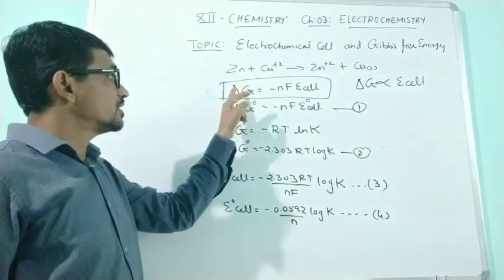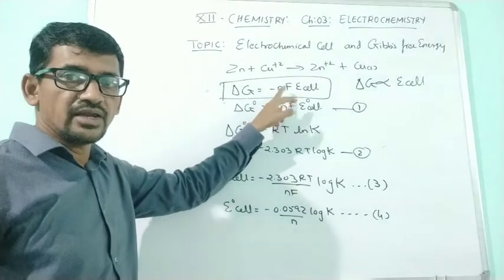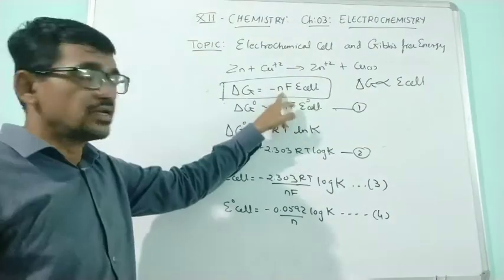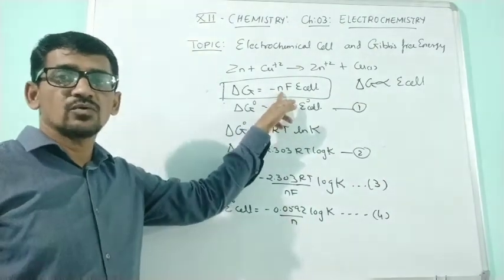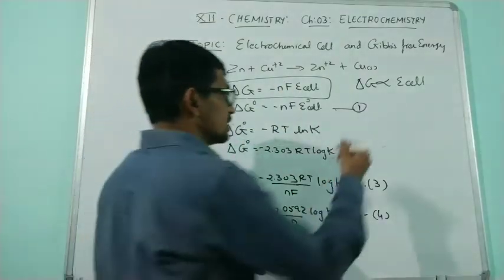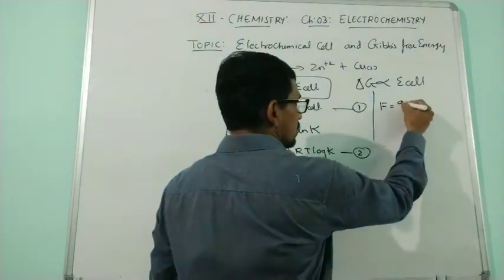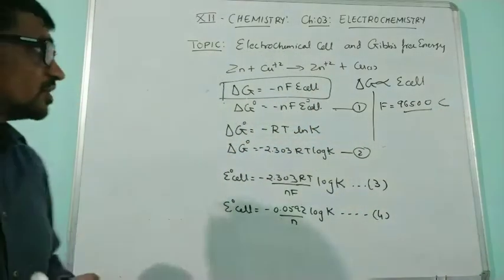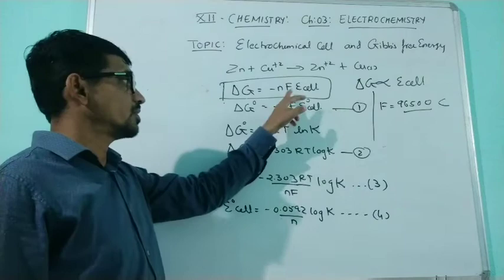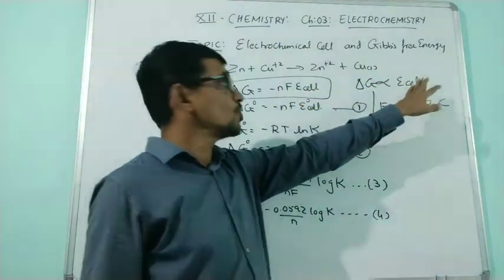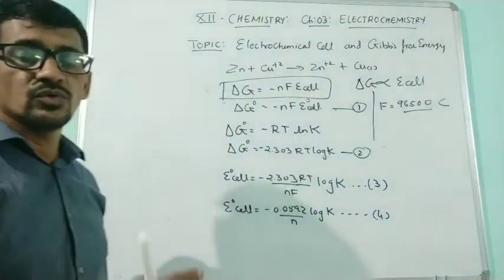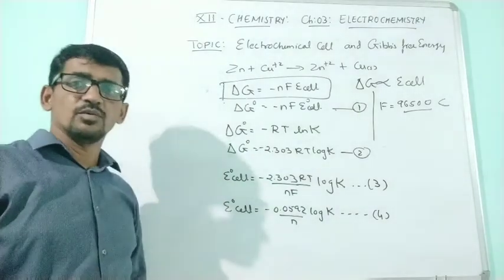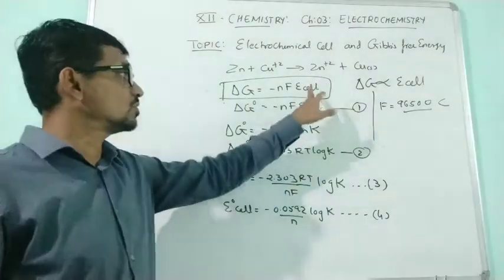So delta G is equal to minus NF E cell, where N is the number of electrons transferred, and F is the Faraday, equal to 96500 coulomb. E cell is the overall cell potential. If you join the cells, the final potential is E cell.